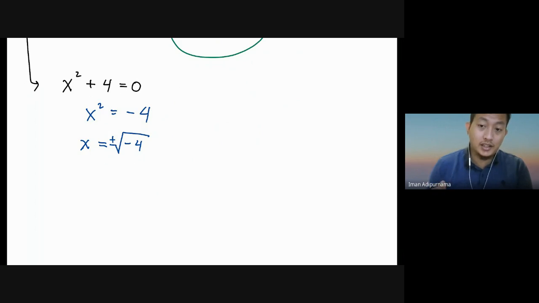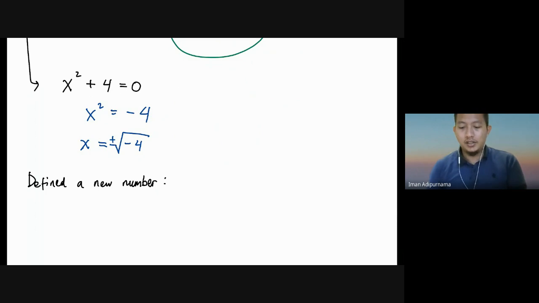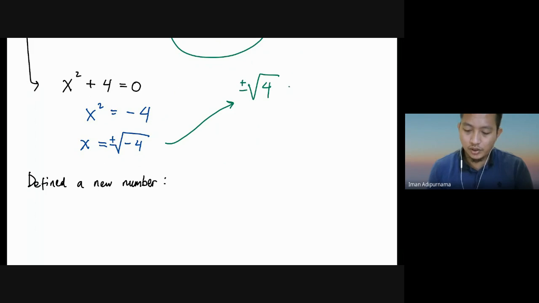But if we take it to the complex numbers, we need to define a new number. The problem here is, for example, the square root of 4 is plus 2 or minus 2, right?